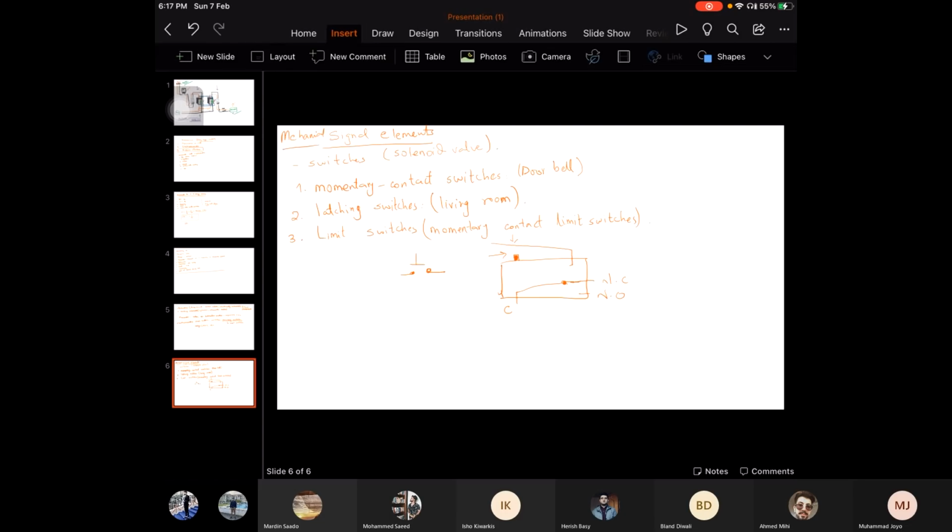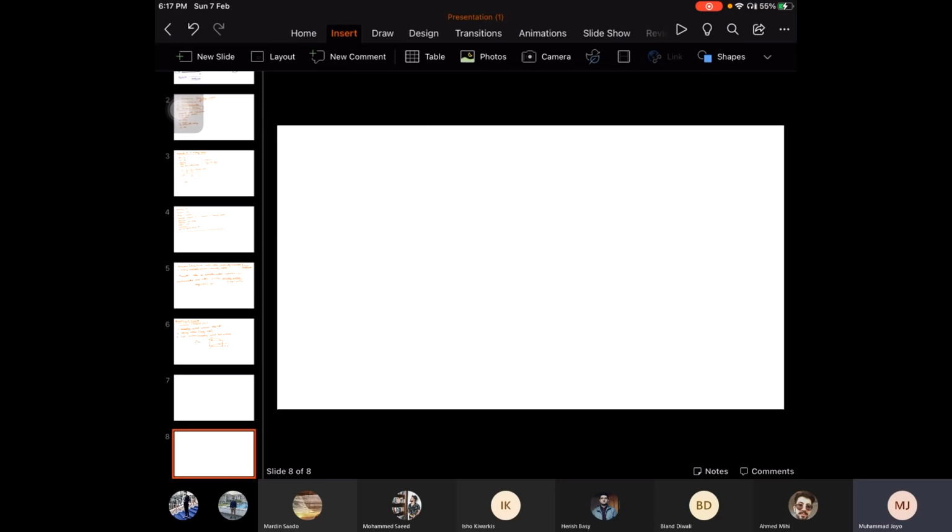Moreover, let's talk about these momentary contact switches first, and what the symbolic representation of it is when we are using them, right?